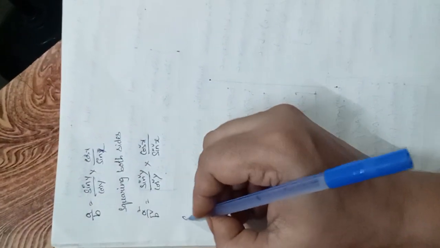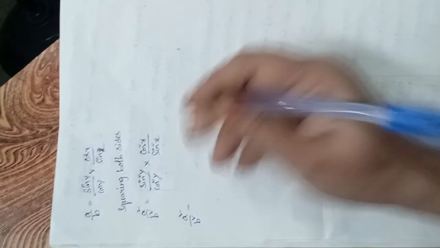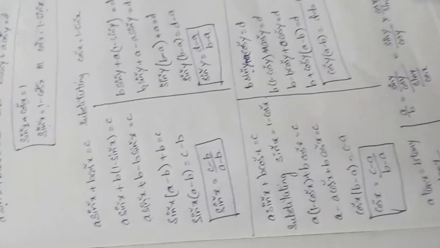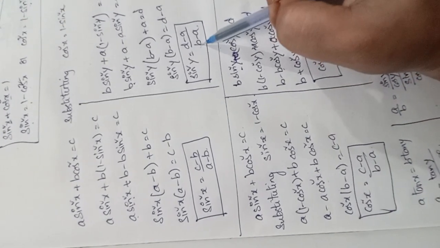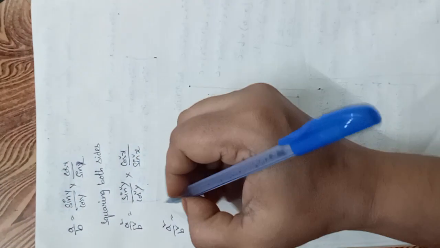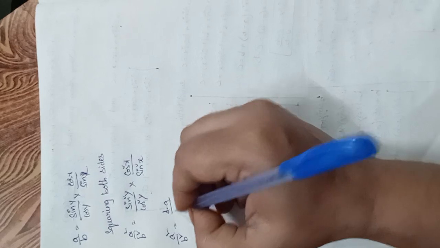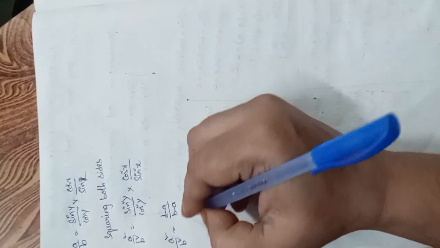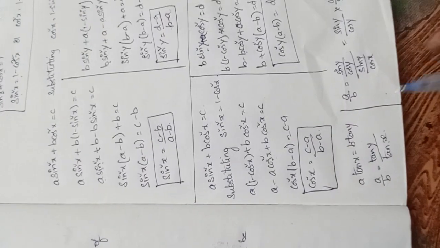Okay, so for these what are the values we got? Let us see it. a square by b square is equals to sin square y. Where is sin square y? This one. d minus a by b minus a, whole by what is cos square y?